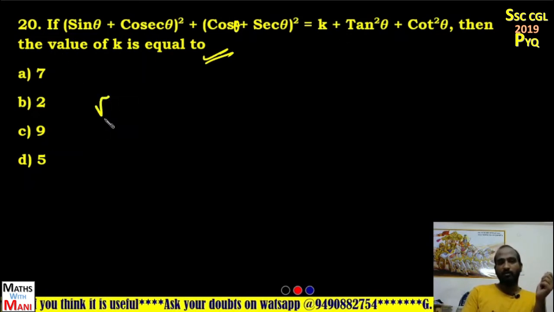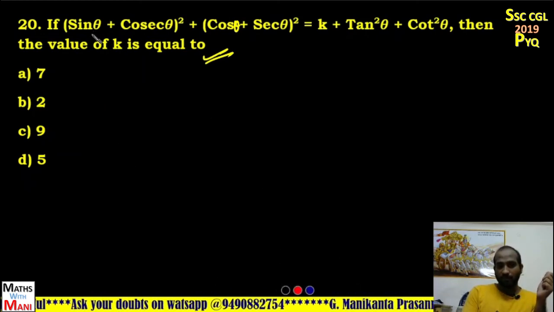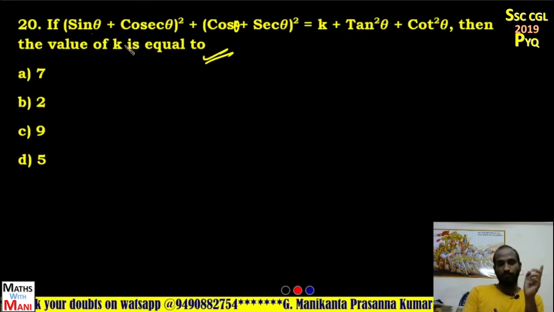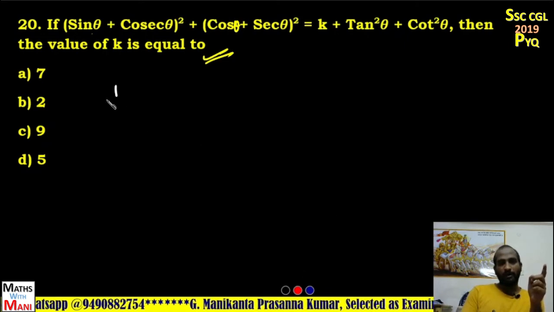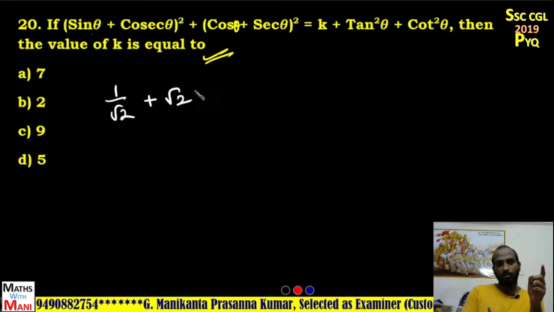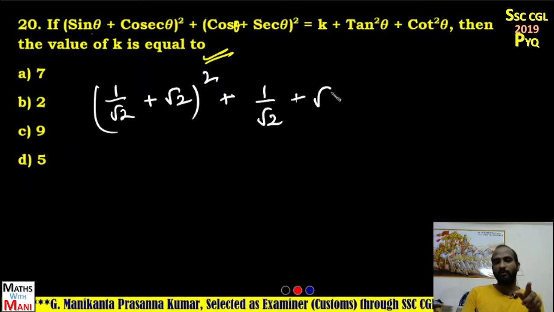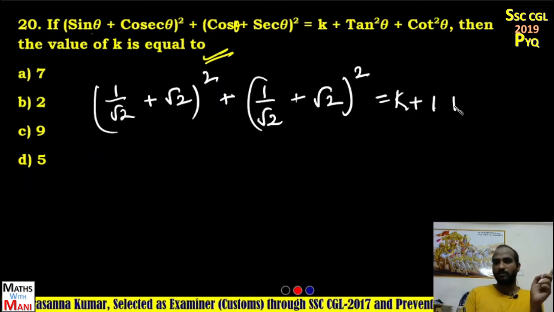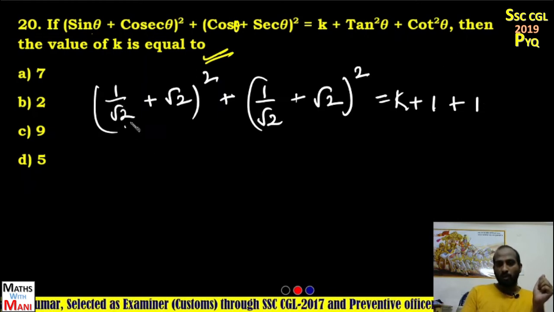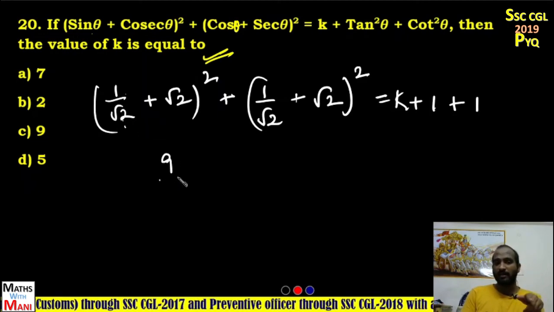Sin 45 is 1 by root 2 and cosecant 45 is root 2. 1 by root 2 plus root 2 whole square plus cos 45, same 1 by root 2, secant 45 root 2, whole square is equal to k plus tan 45 is 1, square means 1, again 1 square means 1. 1 by root 2 plus root 2, after taking LCM, root 2 into root 2 is 2, plus 1, 3 by root 2. 3 by root 2 whole square means 9 by 2.